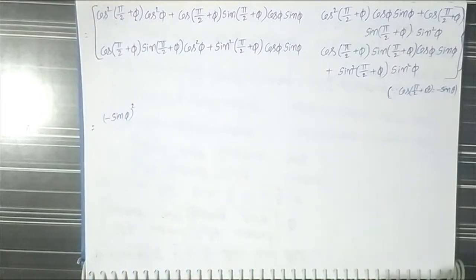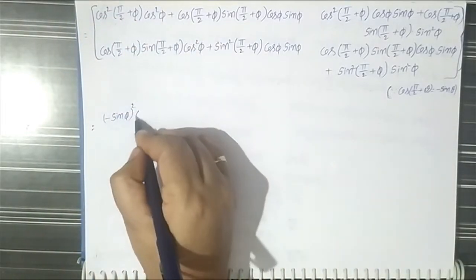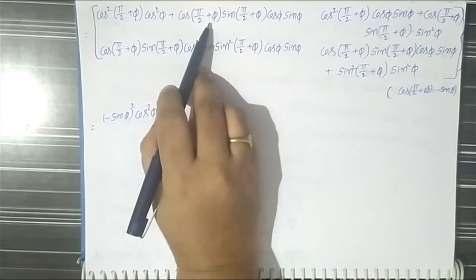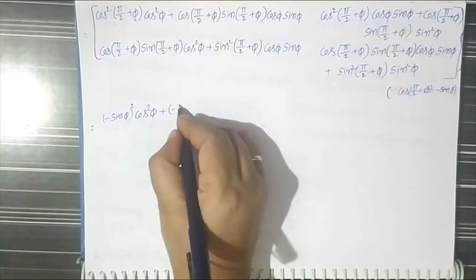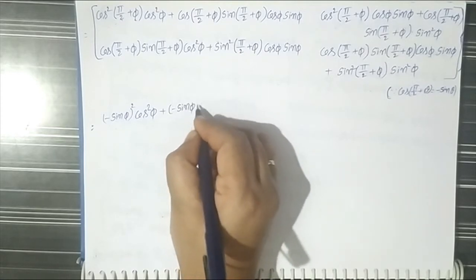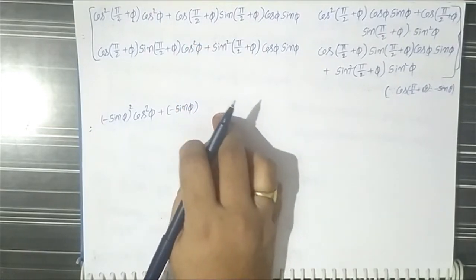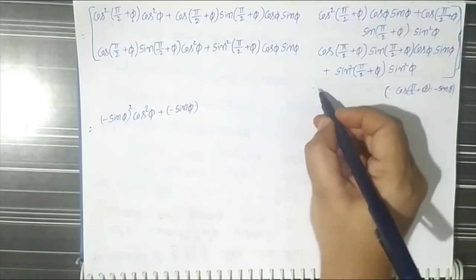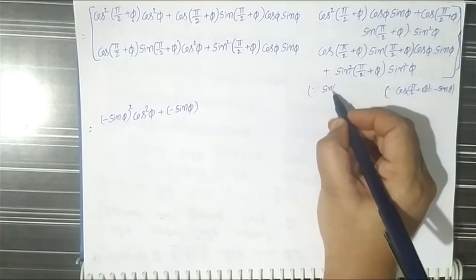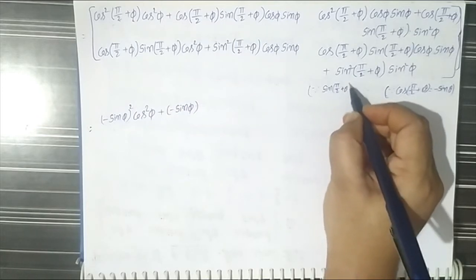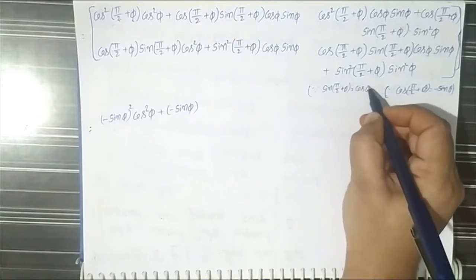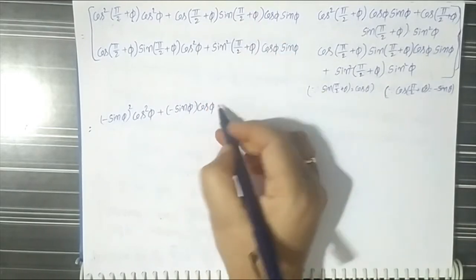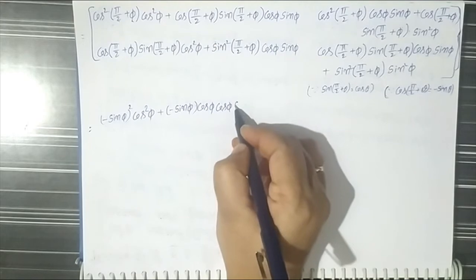Then cos square phi stays the same, plus cos of (pi by 2 plus phi), which is minus sin phi, times sin of (pi by 2 plus phi). The formula for sin of (pi by 2 plus theta) is cos theta, so that is cos phi. Cos phi sin phi is common.